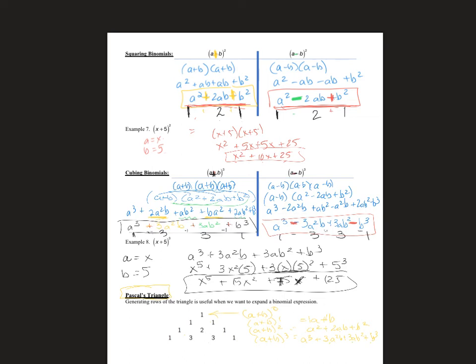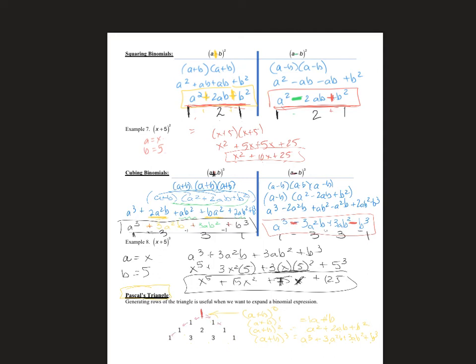These coefficients of a binomial raised to increasing integer powers are easy to generate. Blaise Pascal, a French mathematician, came up with this and said, I'm going to start with 1, and bring that down.